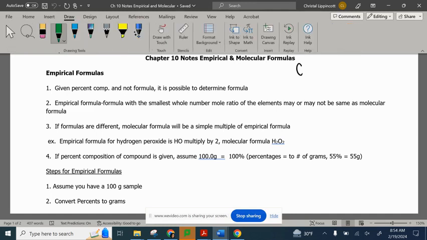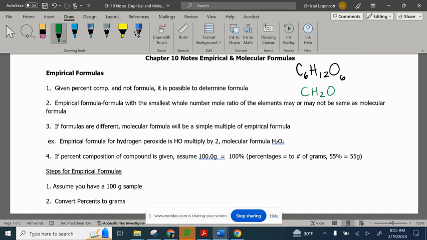So for example, if we had glucose here, this is its molecular formula. This is its empirical formula, because everything's divisible by 6.